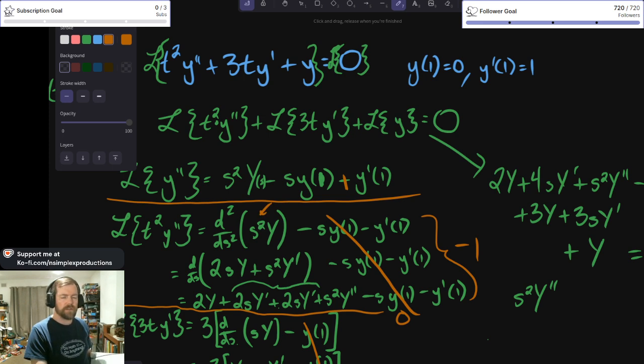So it's not really the product rule then? For our y's and our y primes out here, like the initial conditions.